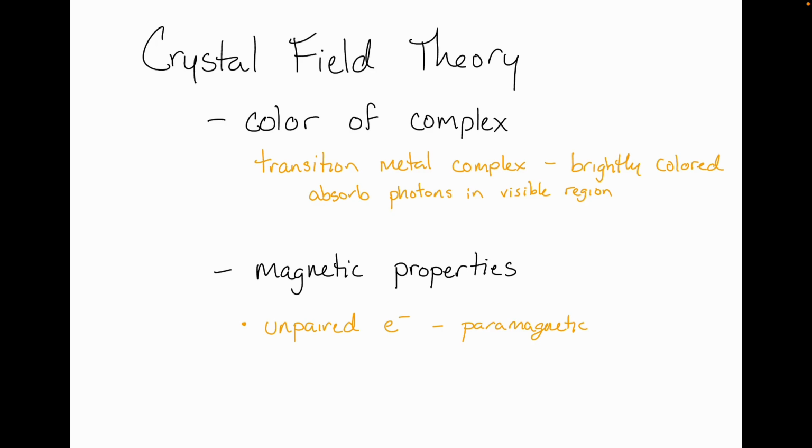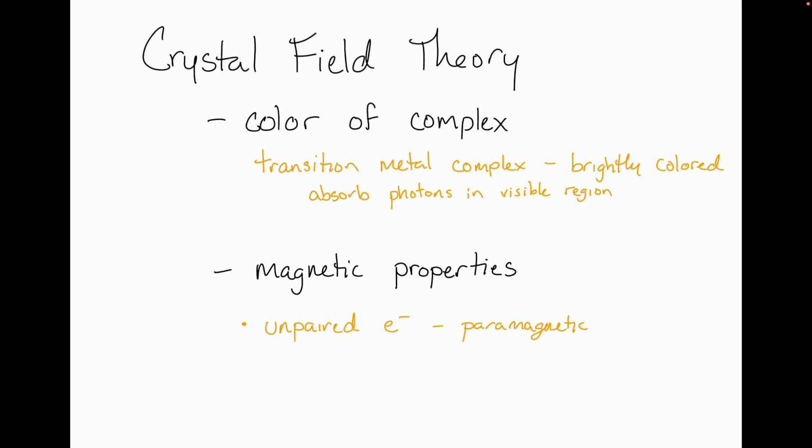Magnetic properties are really easy to test, right? Does it respond in a magnetic field at all? So they had all these complexes with magnetic properties, and they can tell that there are unpaired electrons in them. Covalent bonding theory didn't explain it. So that's why this new crystal field theory was built, to help explain why there are all these unpaired electrons in our transition metal complexes. Okay? All right, and we'll show how to build this theory in a second.